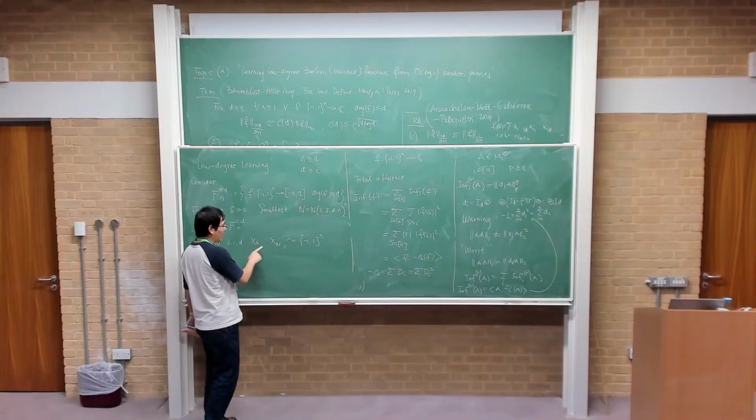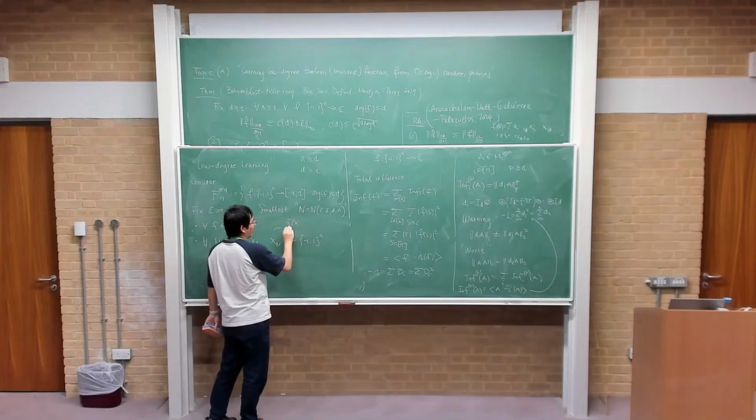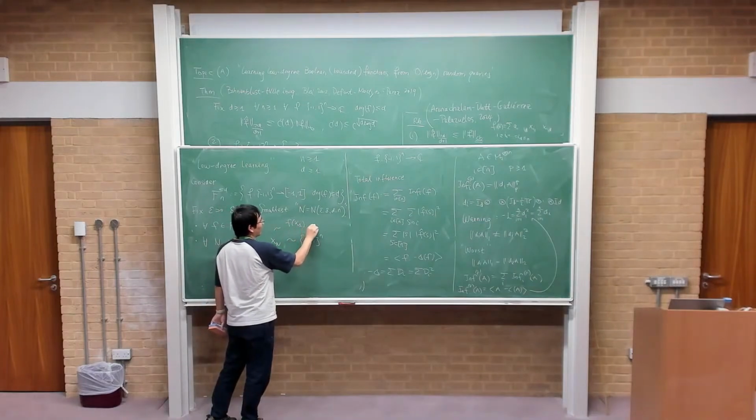For that I mean, as long as I know what x1, x2, up to xN is, I should also know the values f of x1, up to f of xN.